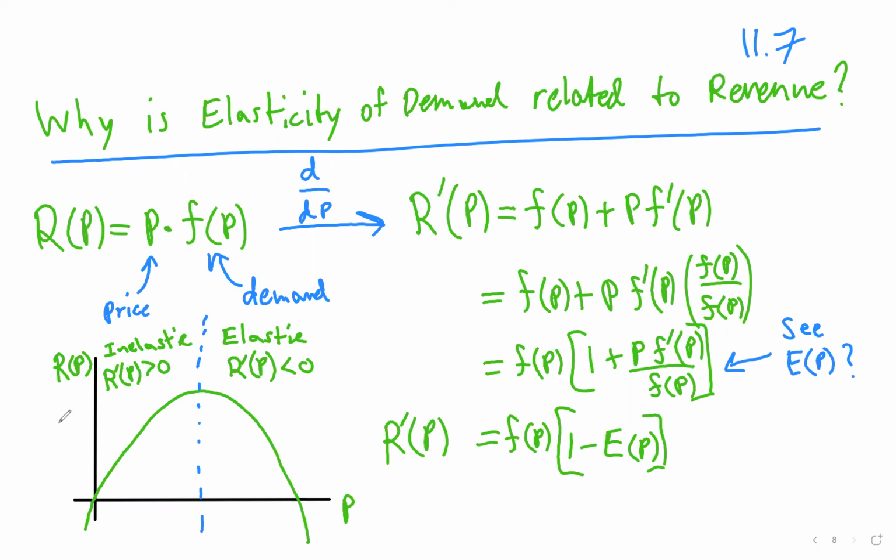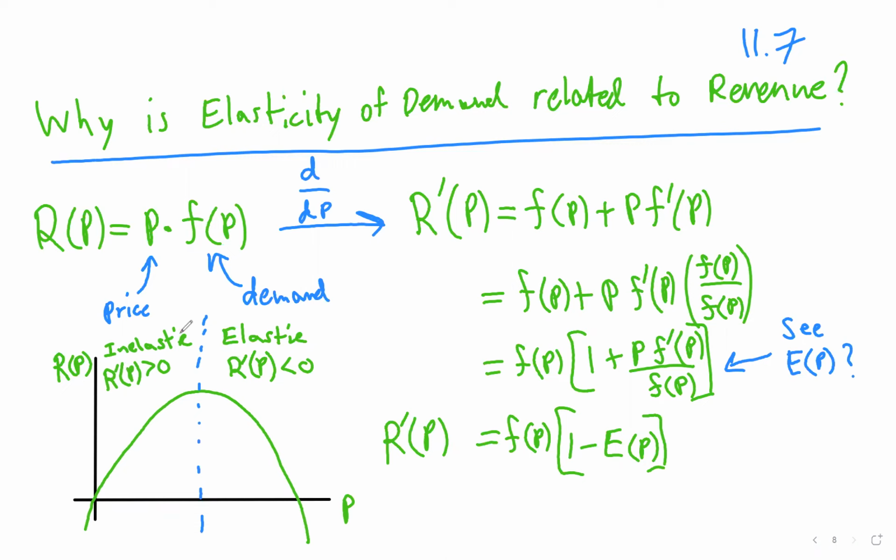And we can take a look at this graph that I've drawn over here. We have R of P listed as the y-axis and P listed as the x-axis, and a graph of what the revenue would look like might look something like this. You would see that if you had an inelastic demand, the revenue derivative would be positive.